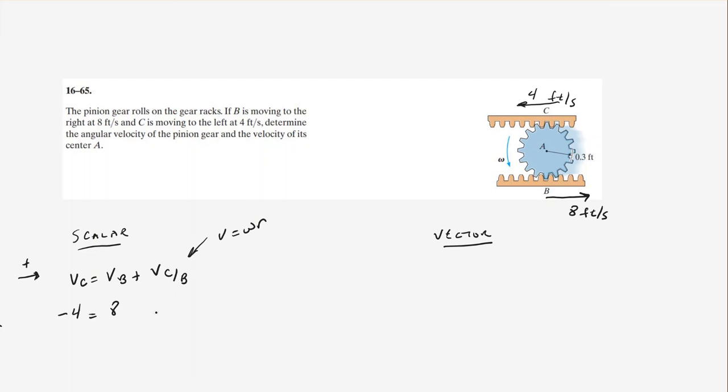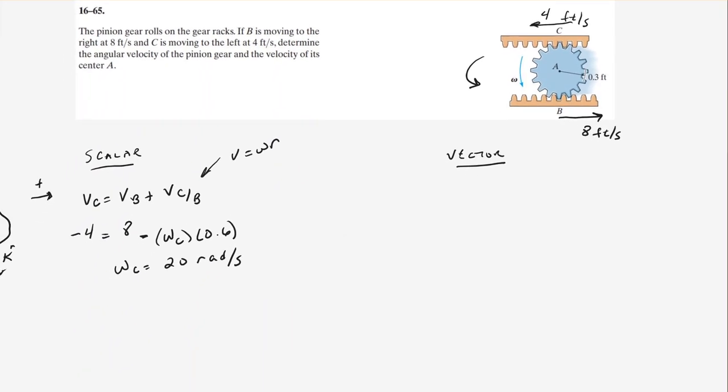I don't know what omega's value is, so we're just going to say it's omega, and r would be the distance, so that's 0.6. But since it's spinning this way, it would yield a velocity that's going to the left, so this is minus. So when we solve this out, we get omega is equal to 20 radians per second. Keep track of your units.